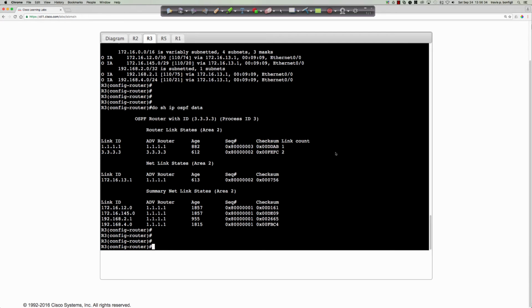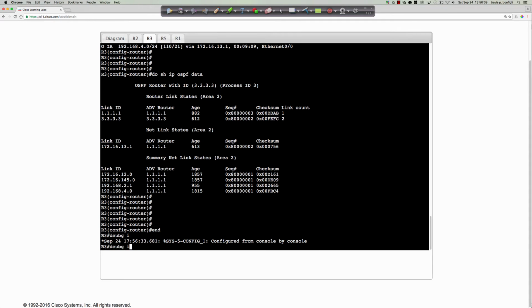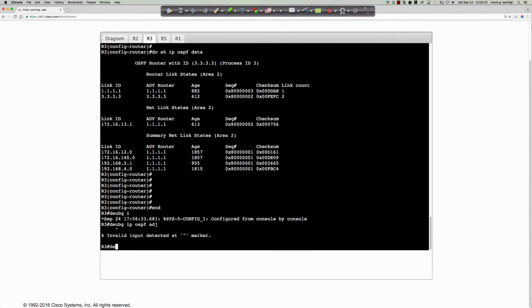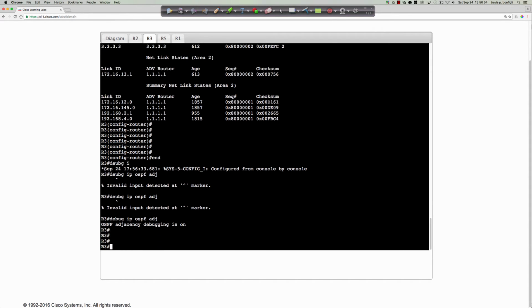So let's get out of there and say debug IP OSPF adjacency. We're having a problem spelling today. So there we go, we've got debugging on.